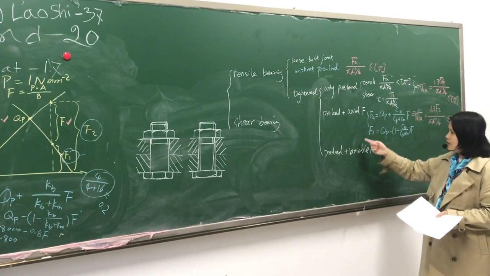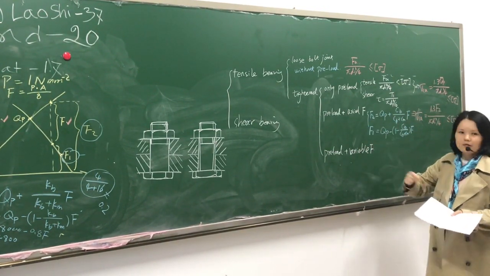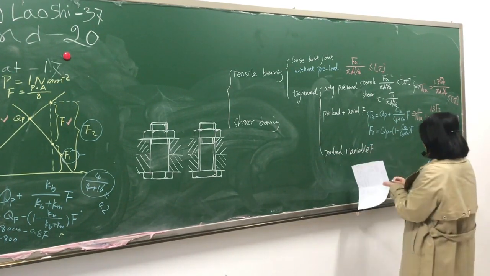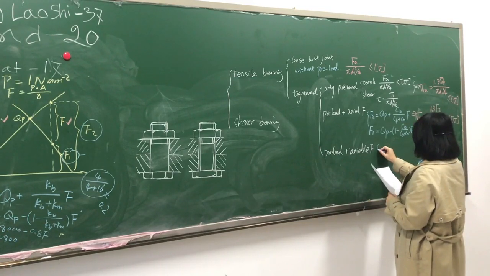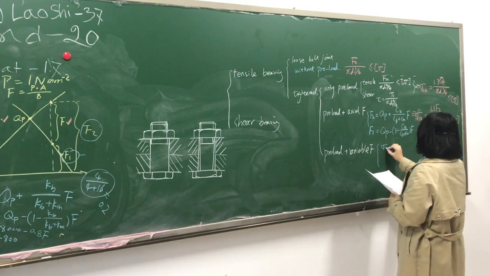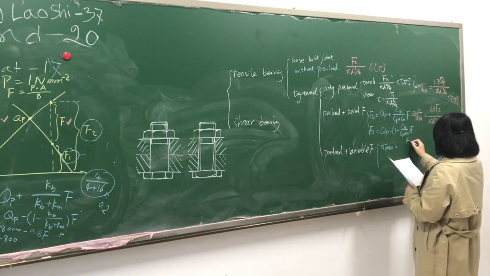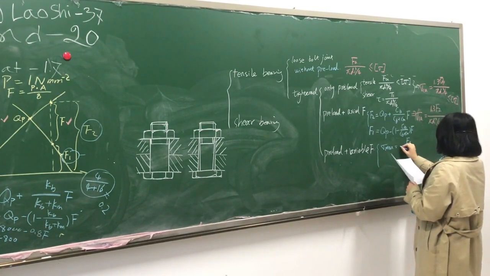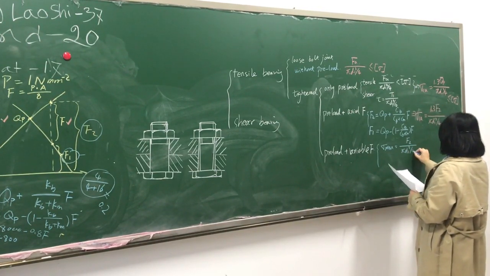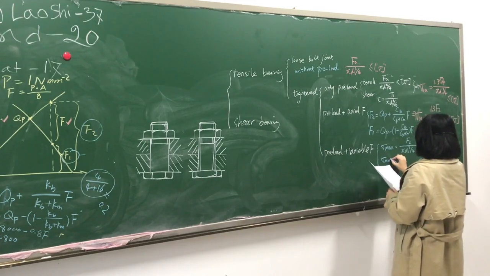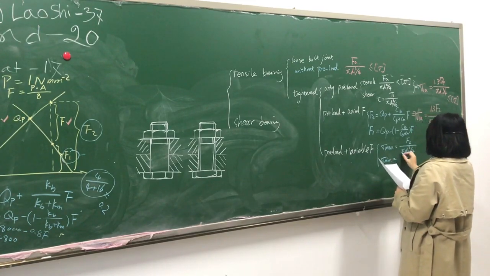When the axial force F is variable, under this condition we can calculate the maximum stress is F2, and the minimal stress is QP.